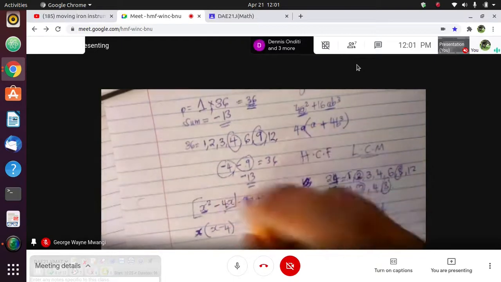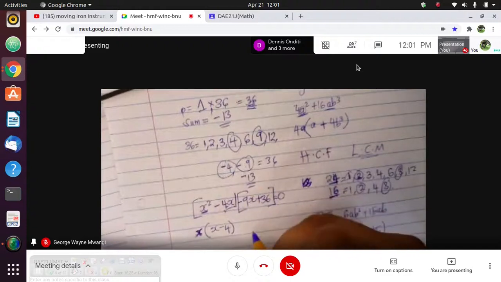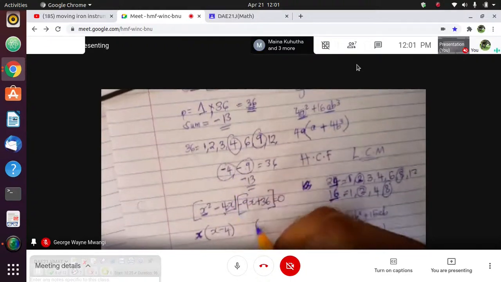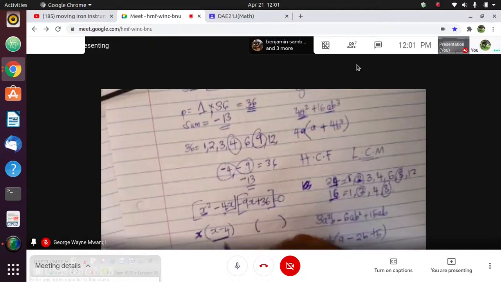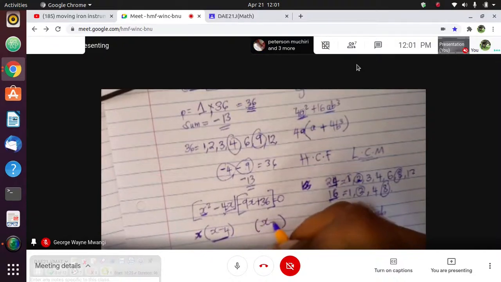Now we come to the second group of terms, minus 9x and 36. Now, when I factorize this second group, it will give me the same bracket. So I don't even have to think about the value in the bracket. Inafaa kuwa the same, x minus 4.